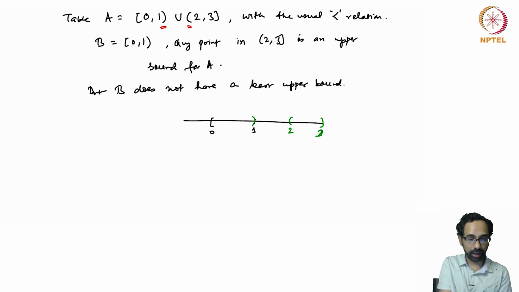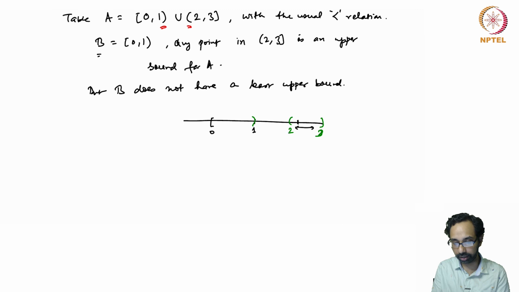So any point which is greater than 1 and is an upper bound for B must lie in this interval (2,3). So let us say it lies here, but because we have deleted the point 2, we can always find a lower value which is still an upper bound for B. So given any upper bound, there exists another upper bound which is smaller than that upper bound.